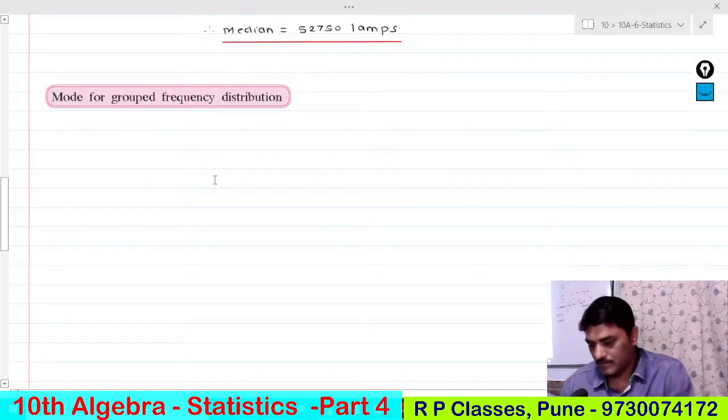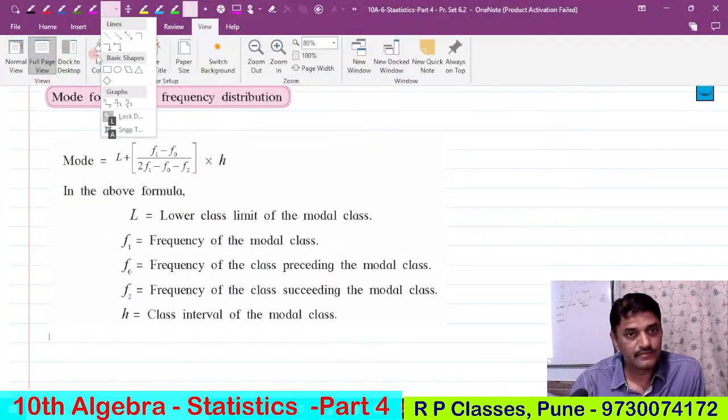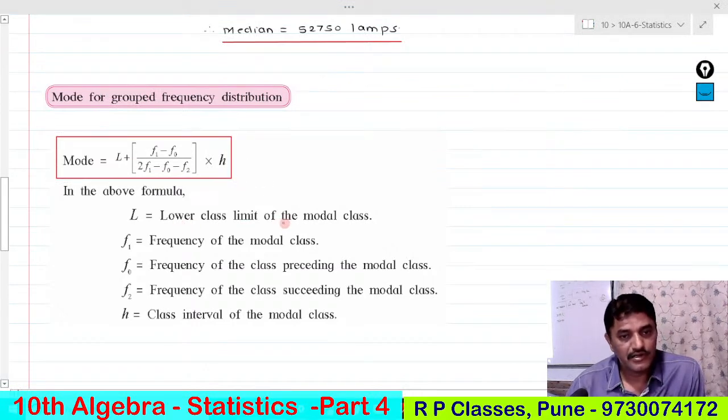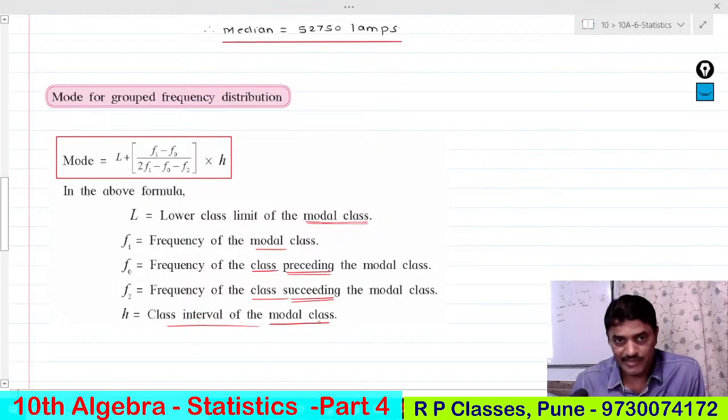Make use of this formula for the mode. Here L is the lower class limit of the modal class; we have to find out the modal class. f1 is the frequency of the modal class, f0 is the frequency of the class preceding the modal class, and f2 is the frequency of the class succeeding the modal class. h is the class interval of the modal class. That's very simple.